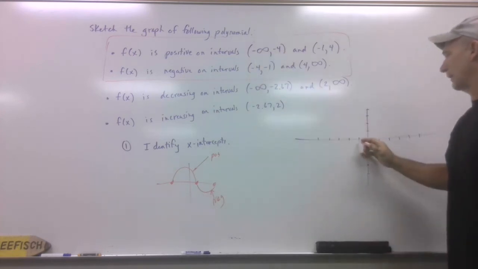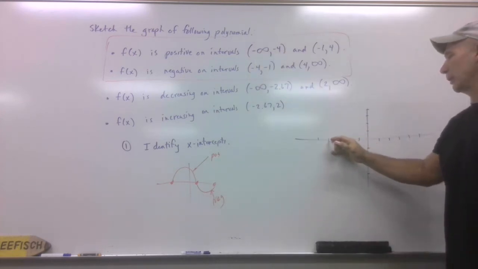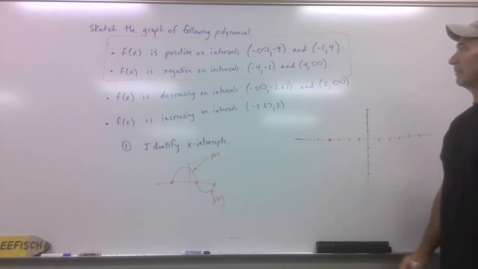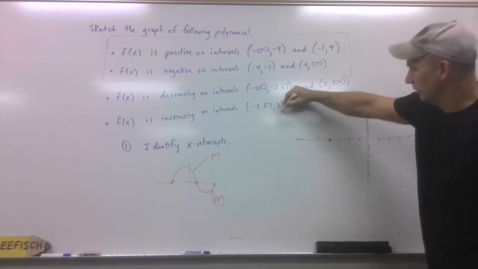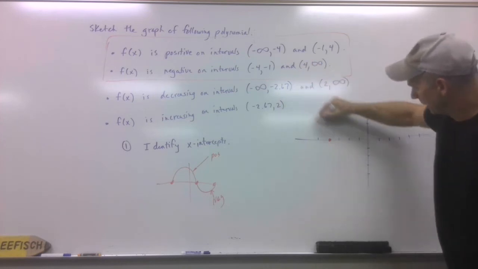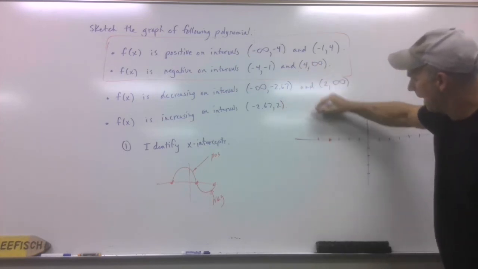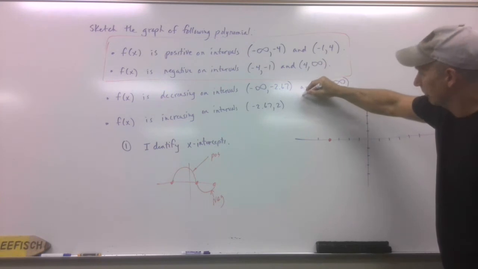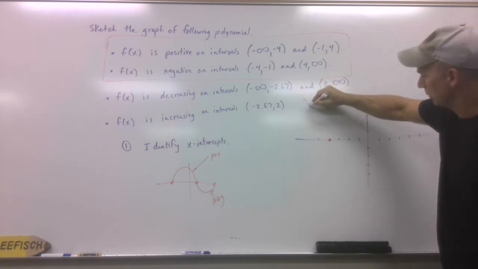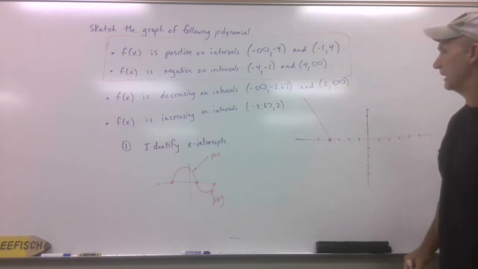So if I go out -4, 1, 2, 3, 4, okay, that's giving me one of my x-intercepts. From -infinity just means it's coming in this way. It might be coming in steep, it might be coming in flat, but generally speaking, it's positive. In other words, it's above the x-axis right here.